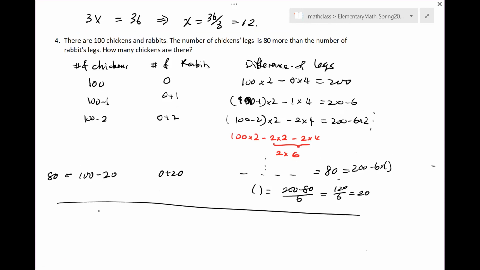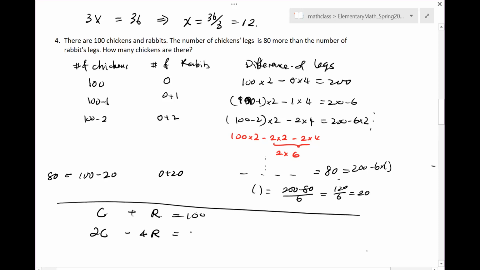Now, if you use the equation, the number of chicken plus the number of rabbit is going to be 100, right? The difference: 2 times C is the number of the chicken legs, 4 times R is the number of the rabbit legs.